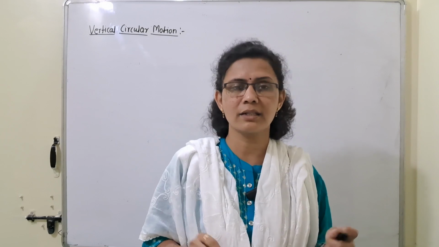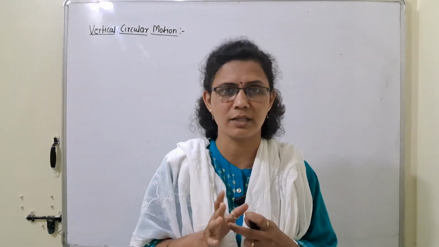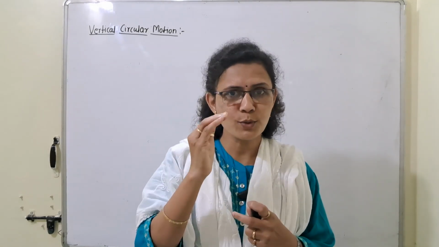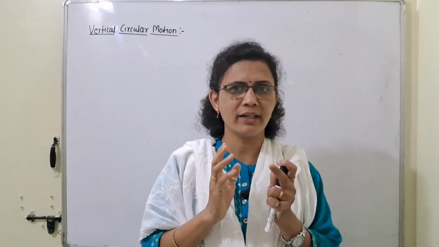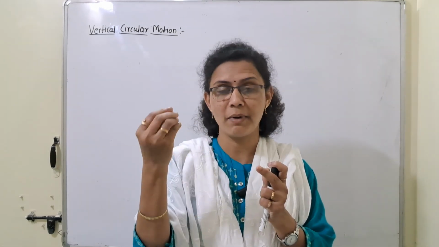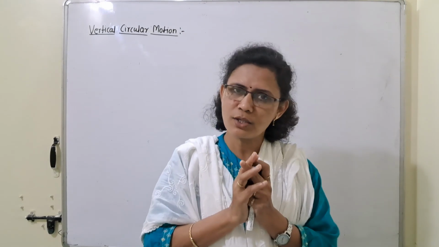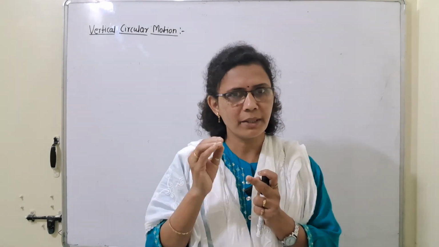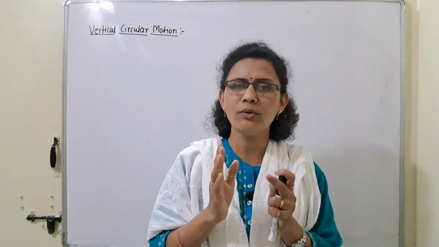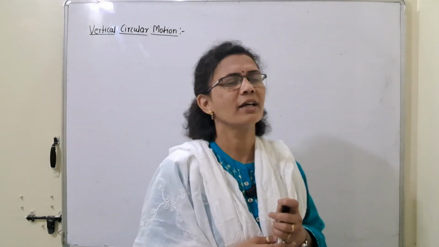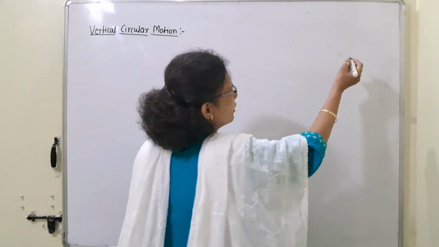Also, they can ask, derive the expression for velocity at uppermost position, lowermost position and middle position. That will vary the marks, that is 3 and 4 marks. So the answer will be the same, but some steps will differ in these derivations. How? We will see in today's derivation.